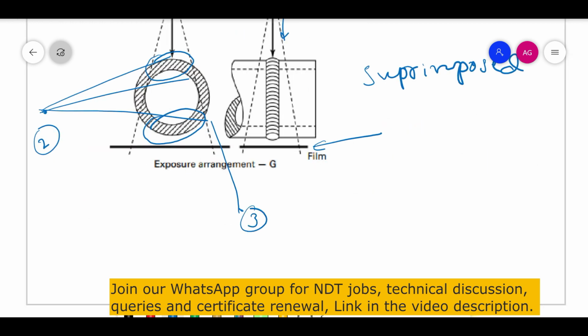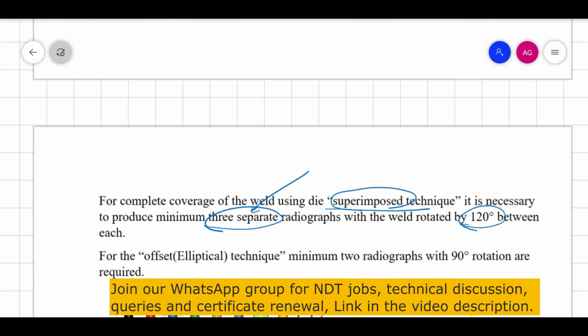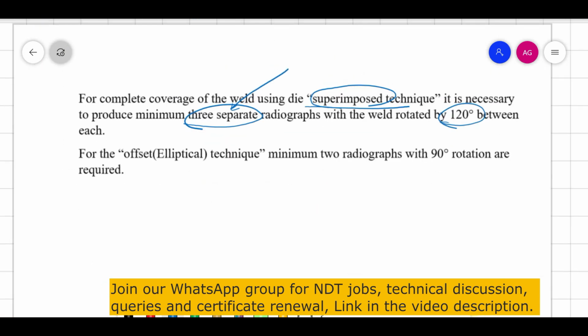So you have to take a minimum of 3 exposures, and the weld should be rotated 120 degrees between each.